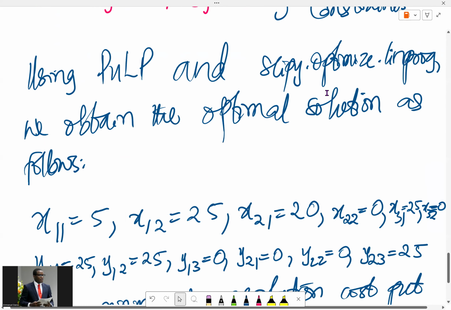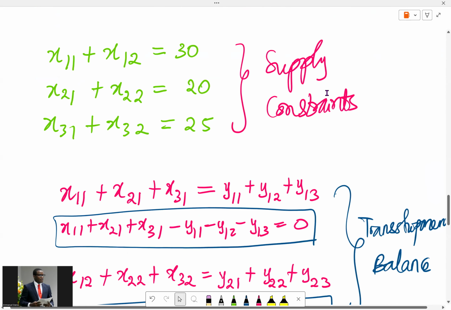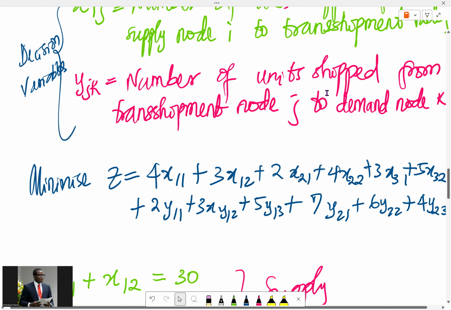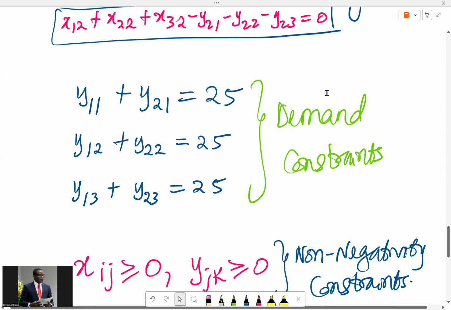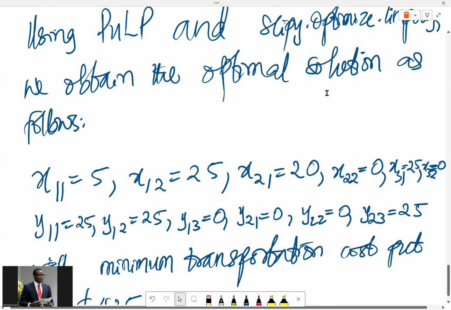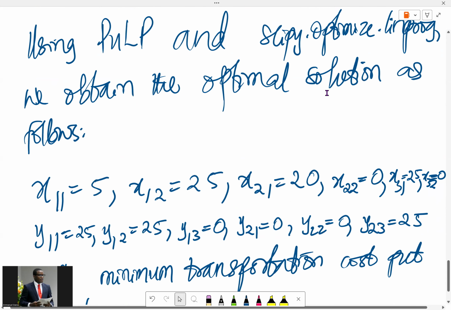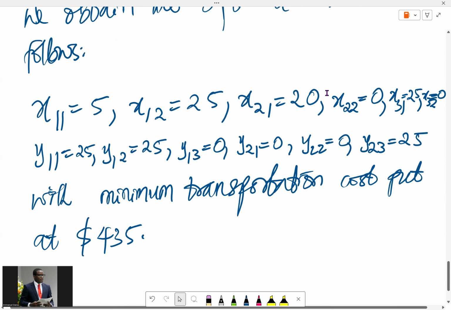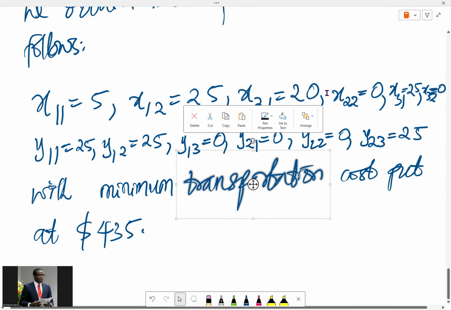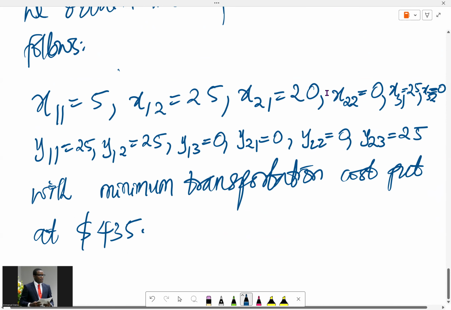And how to simply get that is just take it back to the objective function, which is really plenty. So you have four times 5, then 3 times 25, and so on and so forth. So you end up getting $435. It means that from supplier 1, you ship five units to transshipment point 1. From supplier 1, ship 25 to transshipment point 2, and so on and so forth. That's basically what that is about.